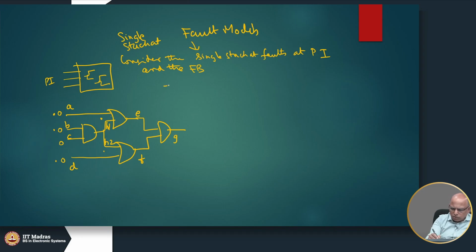So, our list of faults is A0, A1, B0, B1, C1, then D0, D1, and H10, H11, H10 and H20.